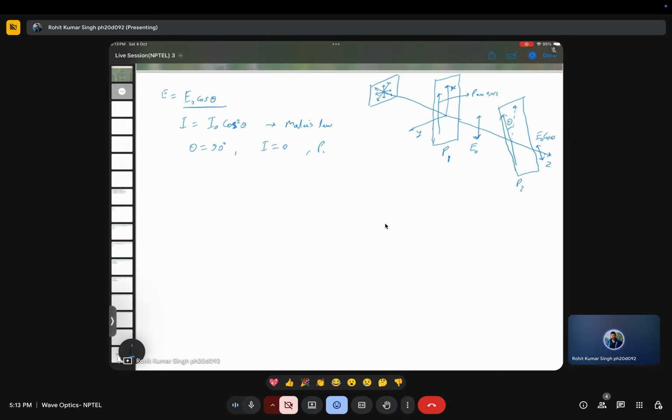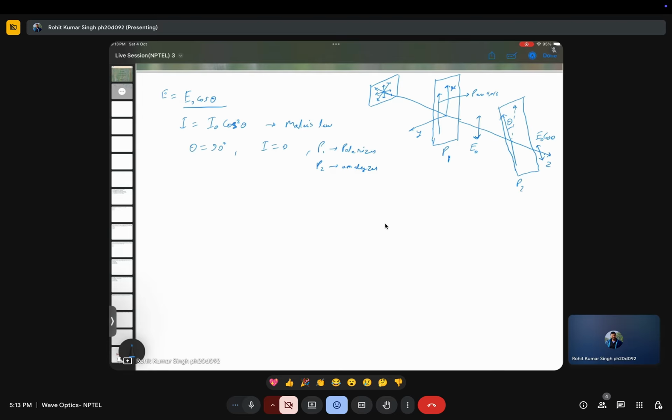So we called P1 the polarizer and P2 the analyzer. This formula we didn't discuss before, so this is the formula.